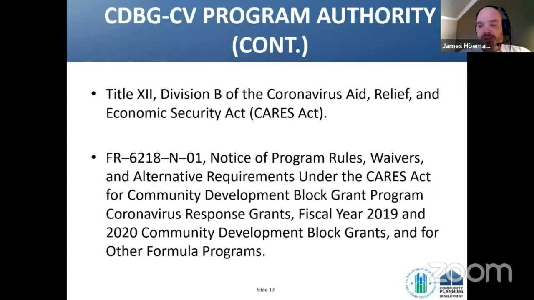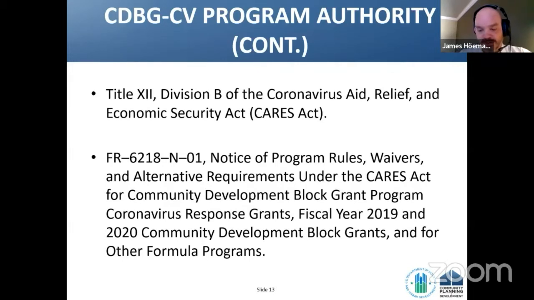One that grantees have in particular taken advantage of early on is that the public service cap was lifted. We did provide a number of alternate requirements and waivers in the notice around economic development, expectations on how you would document your urgent need, national objective, and some other things in there.